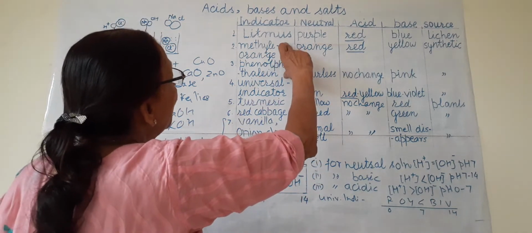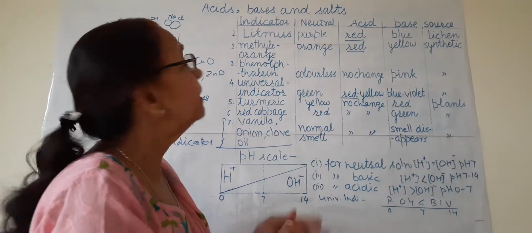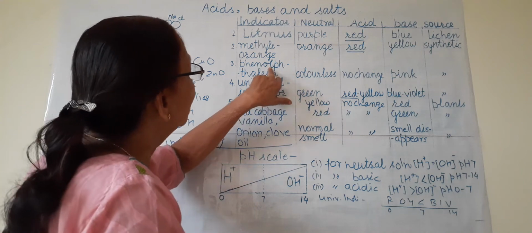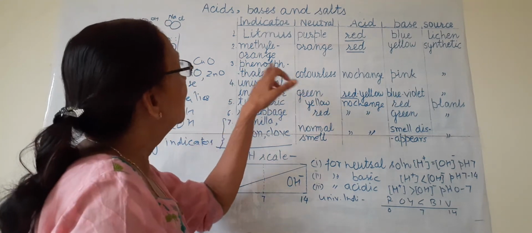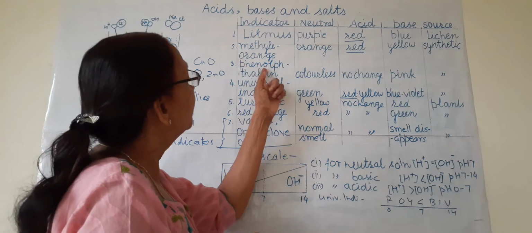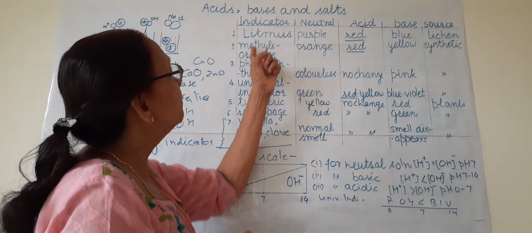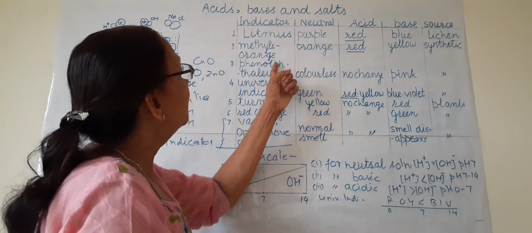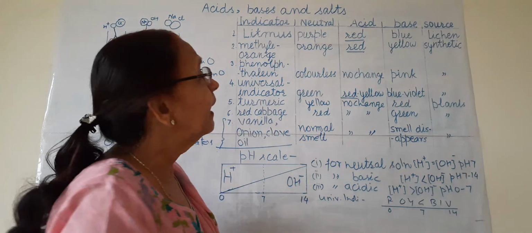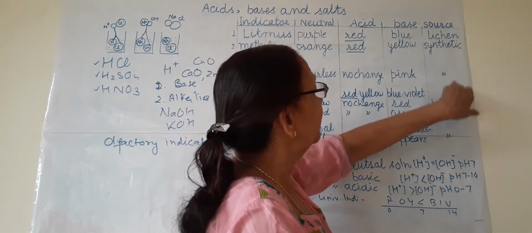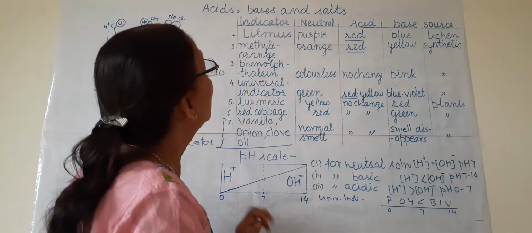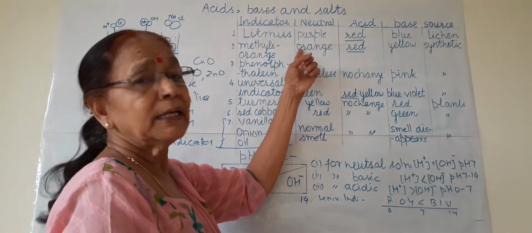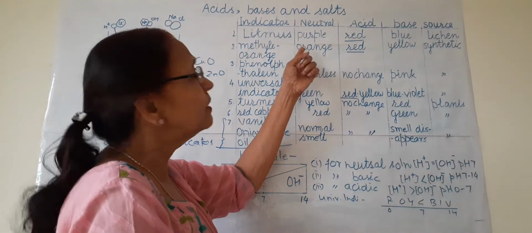The second two important are, which we used in labs, methyl orange and phenolphthalein. This L is silent here, so we pronounce it like phenolphthalein. So methyl orange, it is a dye or a synthetic indicator. Phenolphthalein also a synthetic indicator. Here I have written synthetic indicator both. What they are doing? Methyl orange, as the name indicates, the neutral color is orange.